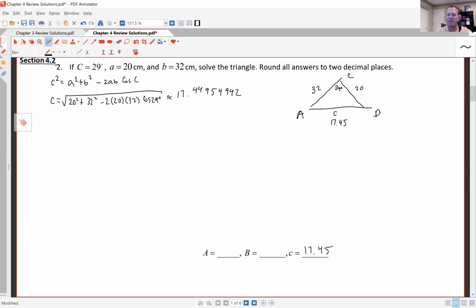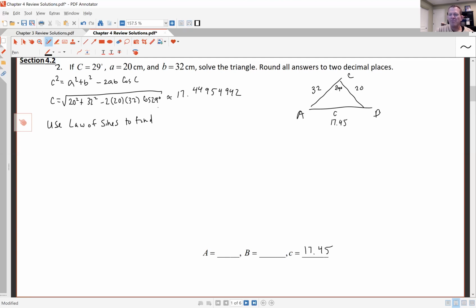Okay, so now we have all 3 of our sides. Now we have to find one of the angles, and you want to be careful with this one. The easiest thing to do now is to use law of sines to find one of the unknown angles.